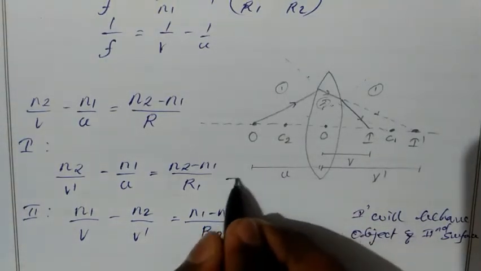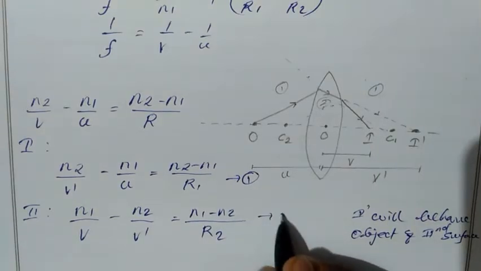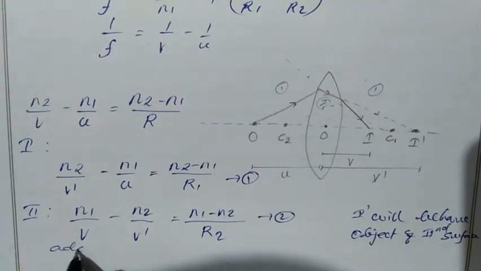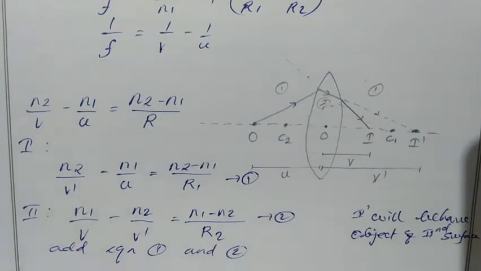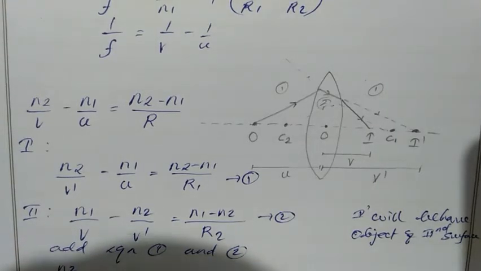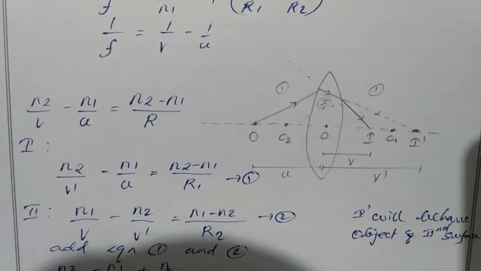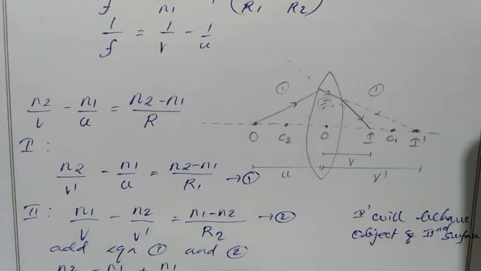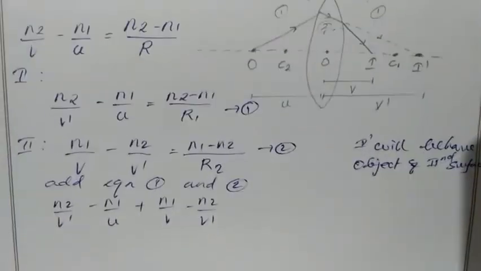Now we take this equation 1, equation 2, and add equation 1 and 2. So if we add equation 1 and 2, then we have n2 by v dash minus n1 by u plus n1 by v minus n2 by v dash. Okay, simple addition.